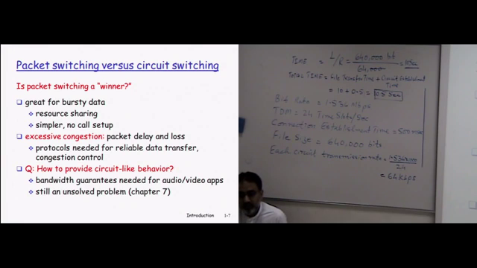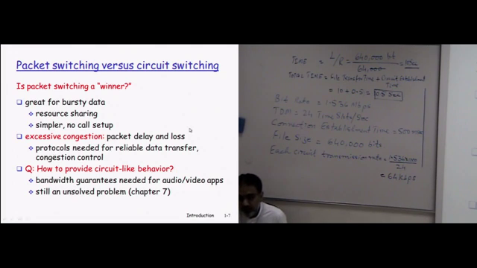Whereas there are more chances of congestion over the network, packets could be delayed, and there are chances that packets will be lost on the internet when we are using the packet switching technique. So we have to take care of congestion, delay, and packet losses.